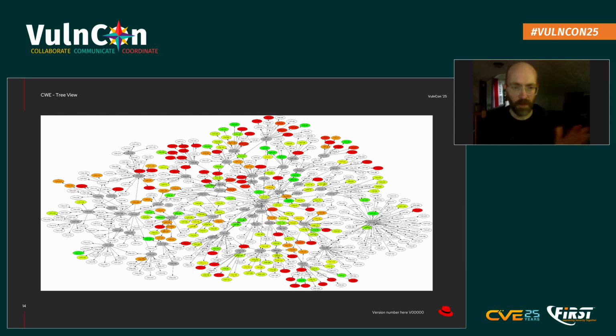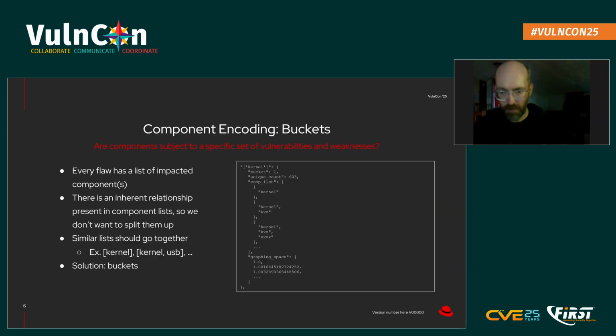And then yellow into green is less impactful, and orange into red is more impactful. The thing that I'm hoping to illustrate with this slide is that our intuition was borne out. It's not entirely perfect, but you can see here that clusters of CWEs that fall in the same place in the hierarchy have similar impacts. These impacts that we've determined are based on the most common impact in our data set for that given CWE. Next slide, please.